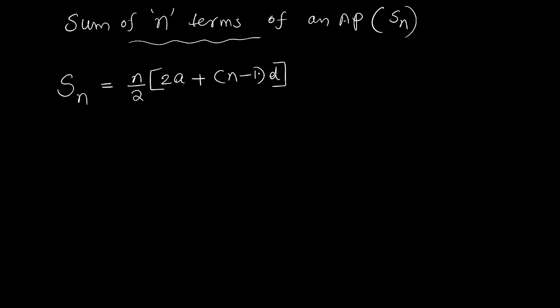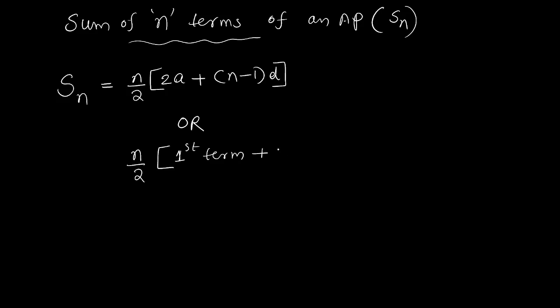So sum of n terms of an AP means we have to add the first n terms of an arithmetic progression. Their sum will be this. N is the number of terms, A is the first term, D is the common difference. Or we have another formula, n by 2 into, I will give you example, first term plus last term.